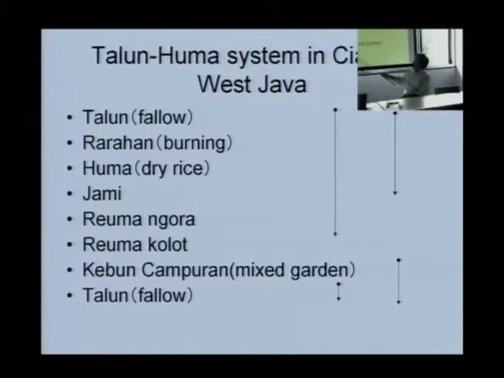But as a result of the government policy, what happened is that the people try to use the fallow in a productive way. Not so different from the type of Rumangora, they plant perennial trees in the fallow stage. In that way, the productivity of land increases. So Swidden agriculture can support more people in Laos also.